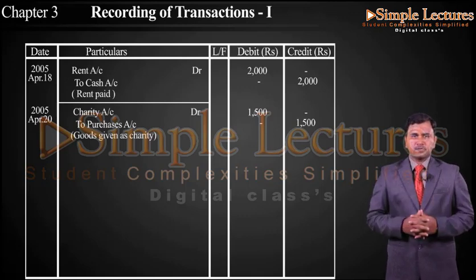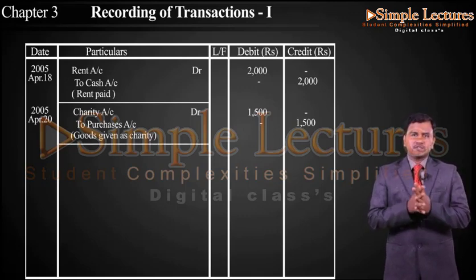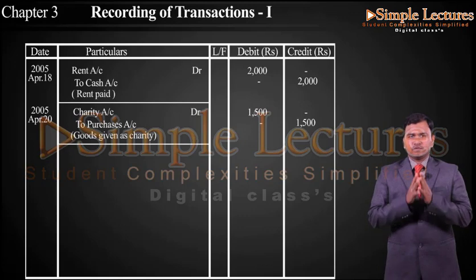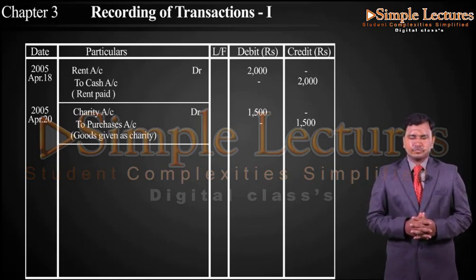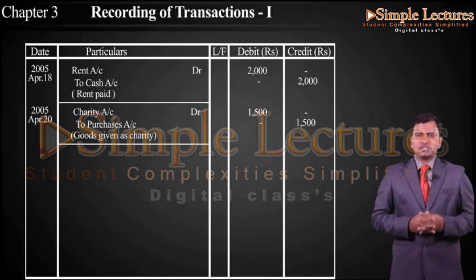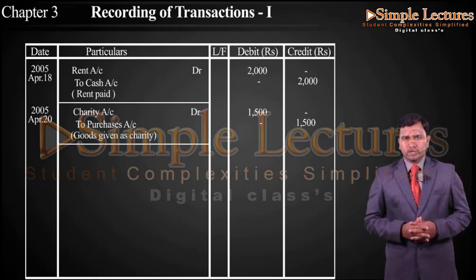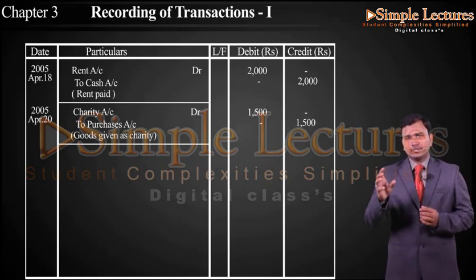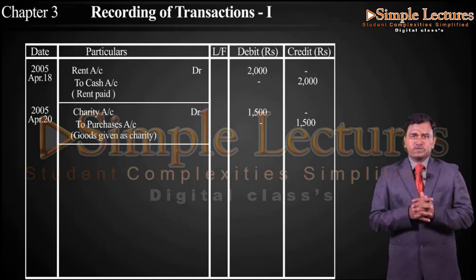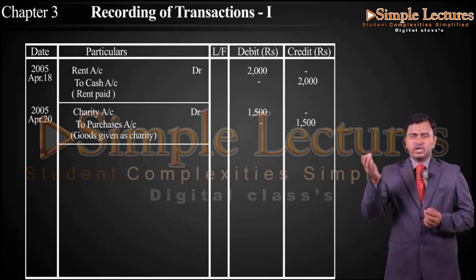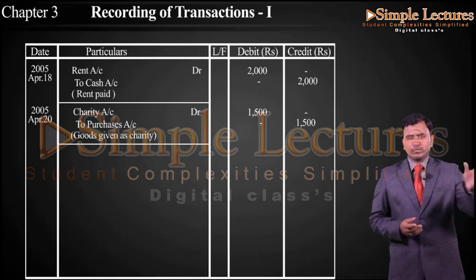So let us come for the next transaction here, which is on 24/4/2005. The entry is purchased office furniture for rupees 11,200. So again here we are going to follow the real account rule, where the furniture is a commodity, debit what comes in, credit what goes out.